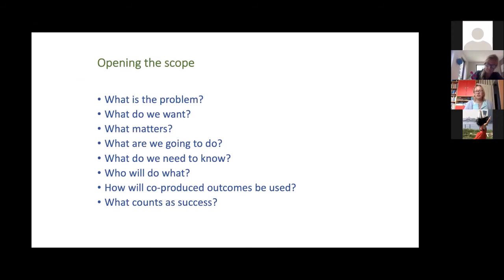So again, from my experiences with the biodiversity community, for example, what the problem is and what matters are often defined by experts, and they're unwilling to let this go for quite good reasons, actually. And particularly perhaps the last one, what counts as success? So what will be the criteria against which effectiveness will be evaluated is also quite often expert dominated.